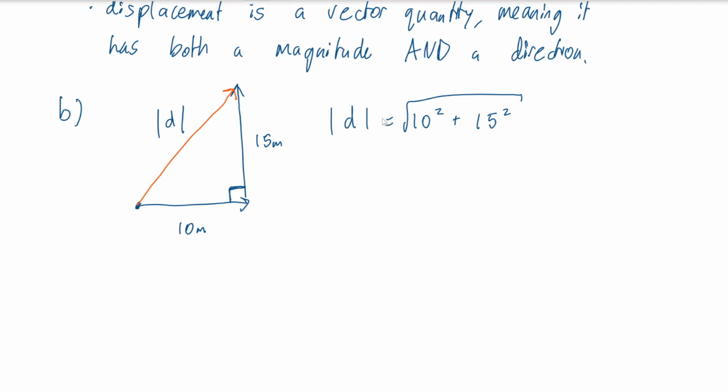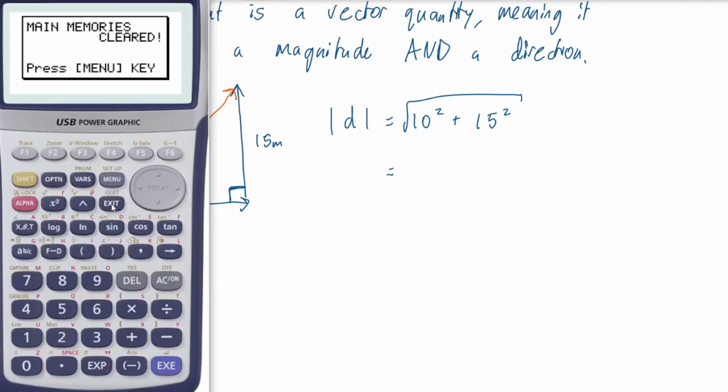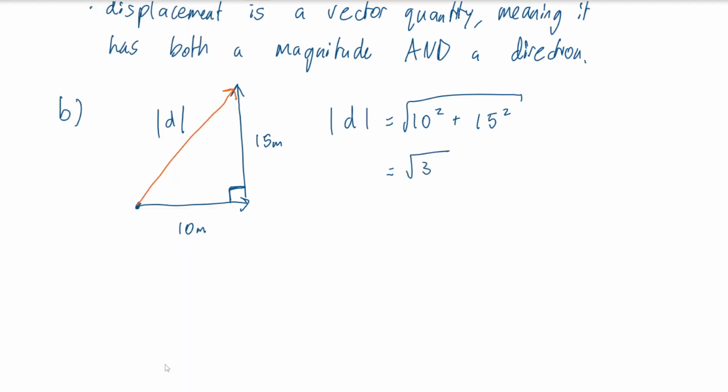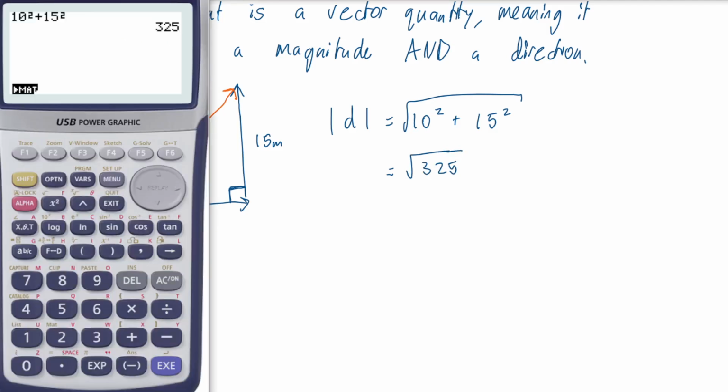Okay, so we can compute that. Getting out our calculator, 10 squared plus 15 squared is 325. And then looking at that, that's a large distance, so we've obviously missed the last step, which is to square root.